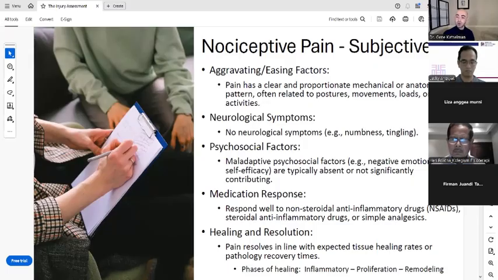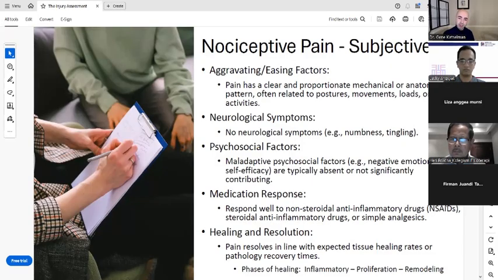For psychosocial factors, maladaptive psychosocial factors, in other words, meaning negative emotions or poor self-efficacy, are typically absent or not significantly contributing. So you will not typically see things like anxiety, depression, panic attacks, things like that that are associated with this kind of pain.